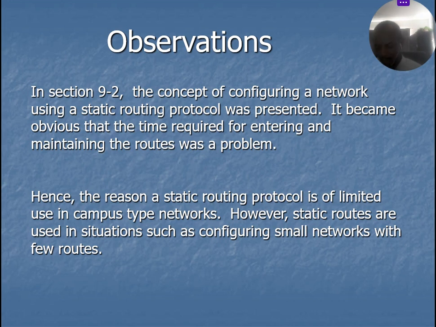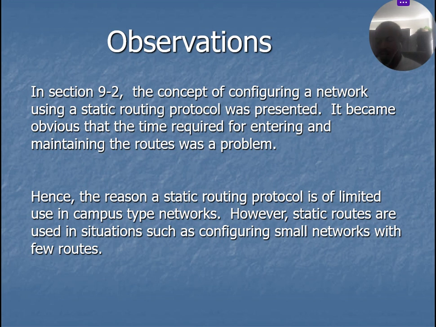But for a dynamic routing protocol, the routing tables or routing information entries are automatically propagated through the network for all the routers to gain access to these routing table informations.